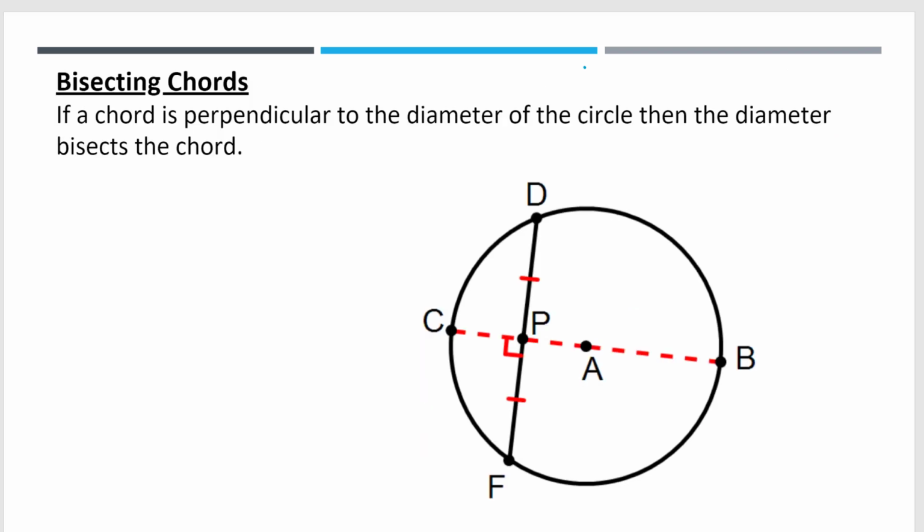Bisecting chords. If a chord is perpendicular to the diameter of the circle, then the diameter bisects the chord. So here is the diameter, that's the hash line, and then here is the chord. And notice that if the diameter is bisecting the chord, PD is congruent to PF.